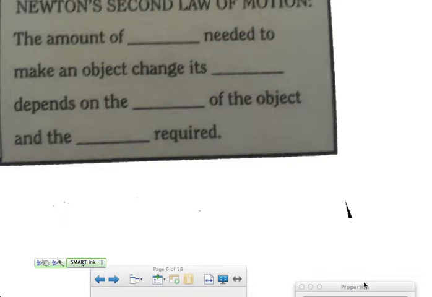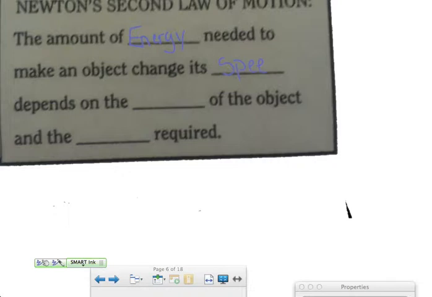So the amount of energy needed to make an object change its speed, also known as acceleration, also known as velocity. Any of those words would be fine with speed.